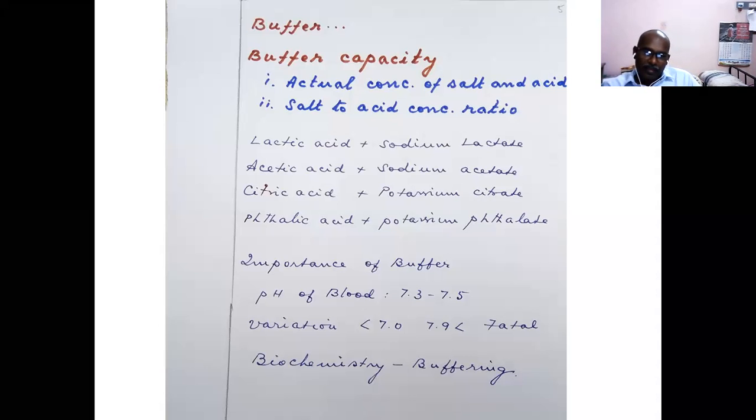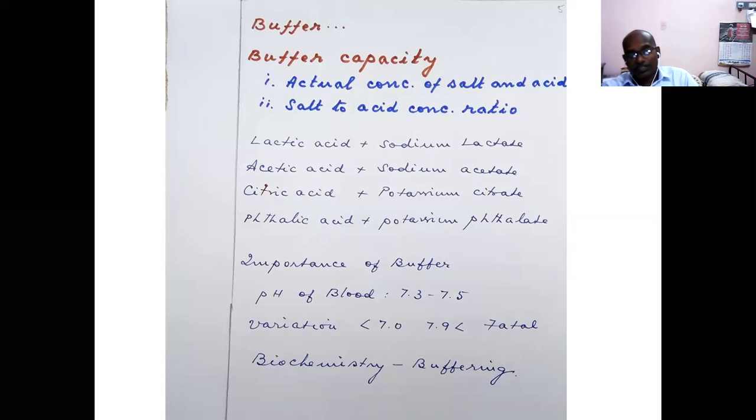See, our saliva is alkaline. Our stomach is highly acidic. Our intestine is again alkaline. Our blood is slightly alkaline. You look, the pH of the blood varies between 7.3 to 7.5.